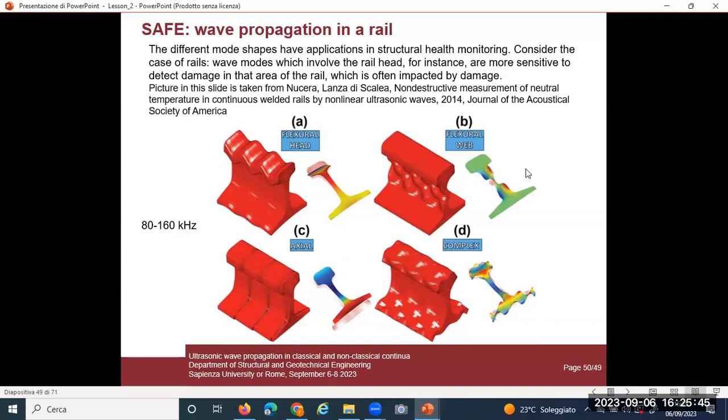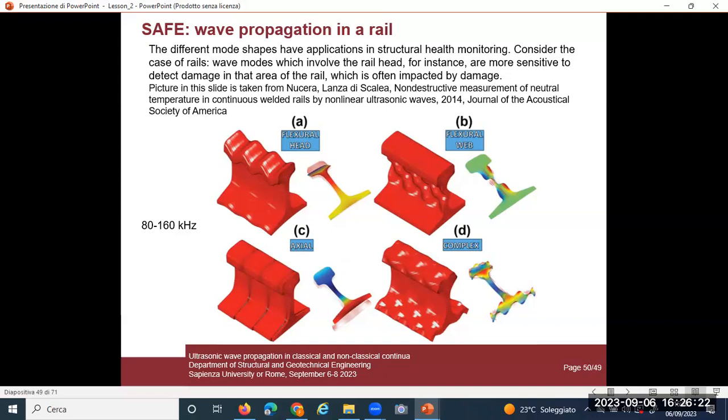You see how different the wave modes can be. So you see this one, for instance, has large displacements in the head of the rail, while this other one has large displacement in this part, which connects the head to the foot of the rail. So according to what you want to detect, you've got to excite a different wave mode.